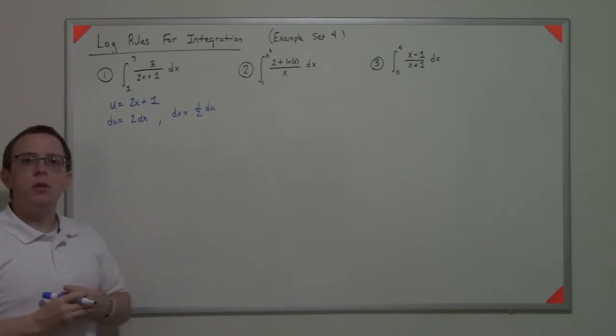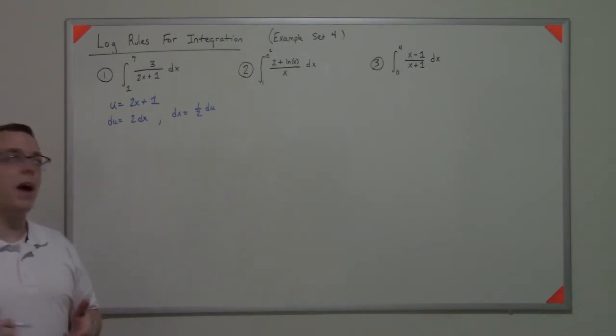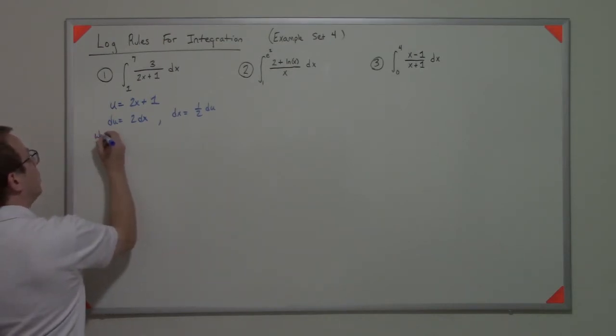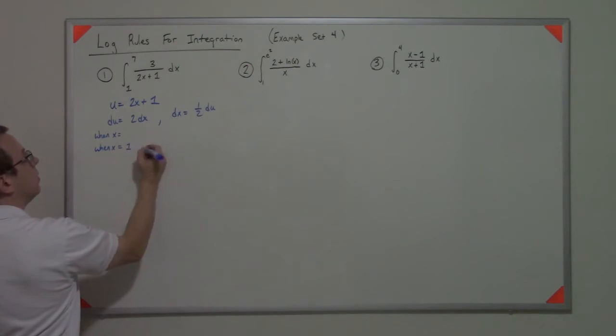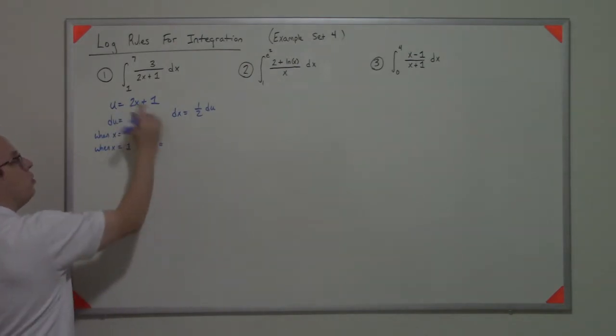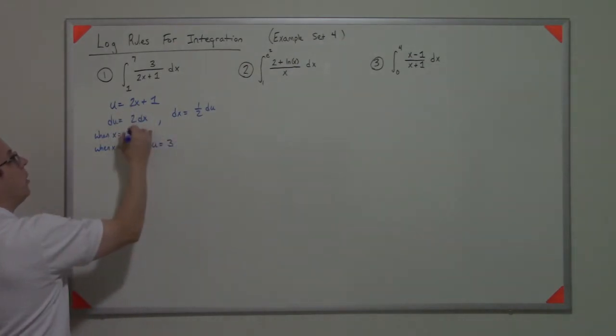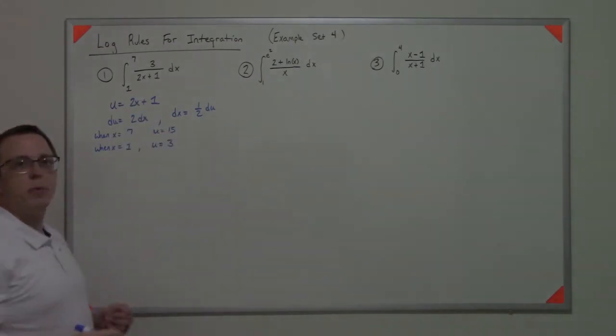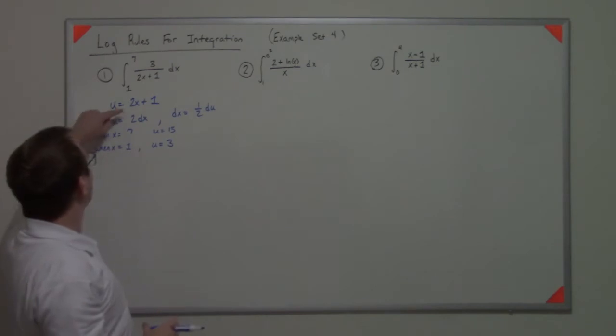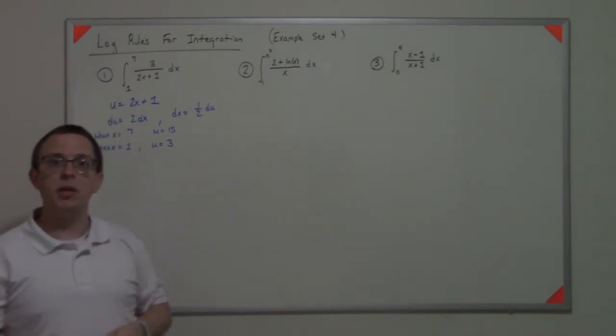Alright, so then what we can do is we can also do the bounds. We can say when x is the lower bound, that tells me that u is 3. When x is the upper bound, that tells me u is 15.